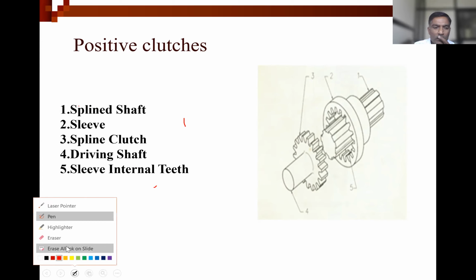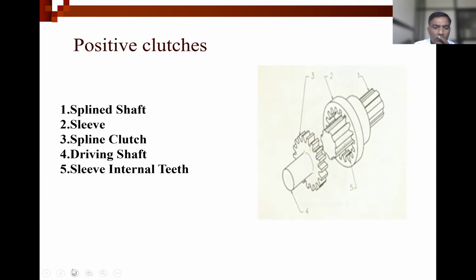Number 1, this is the flywheel shaft. Number 2, sleeve. Number 3, flywheel clutch. Number 4, driving shaft. And number 5, sleeve having internal teeth.